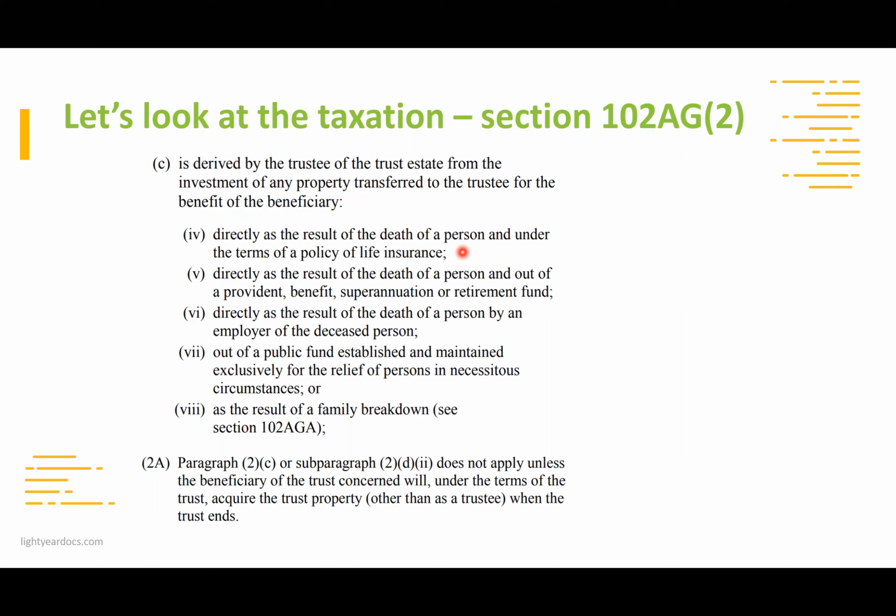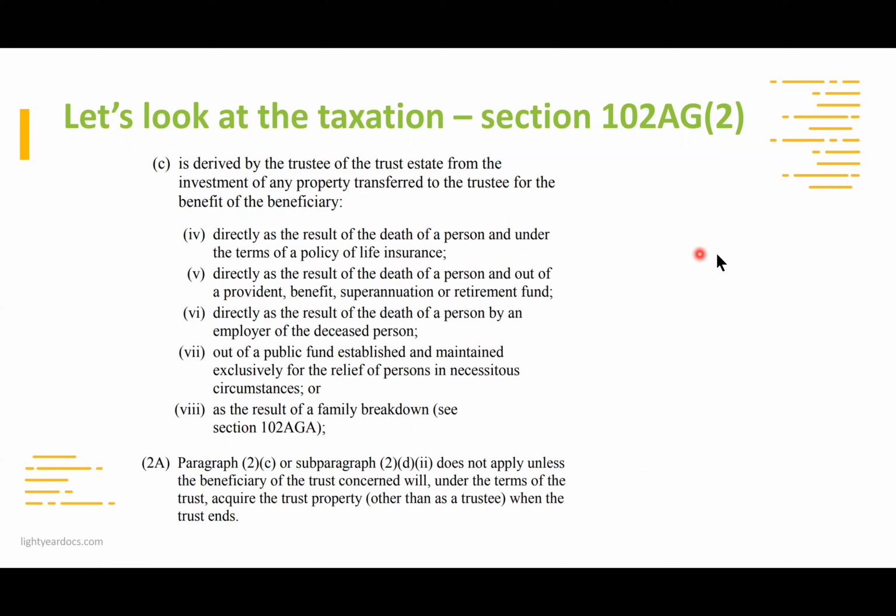And as a consequence of that, ostensibly the children who are beneficiaries of that estate would receive any income under that insurance policy. And remember, any income from those capital proceeds would be taxed as income under ordinary marginal tax rates.